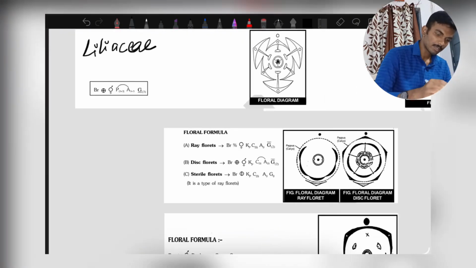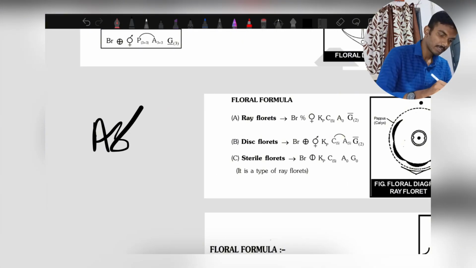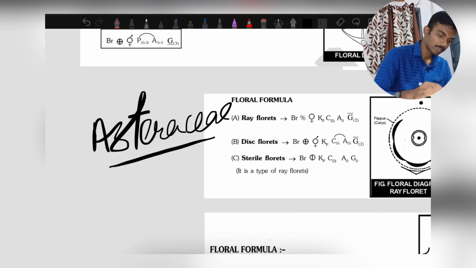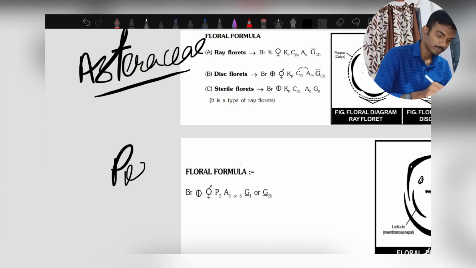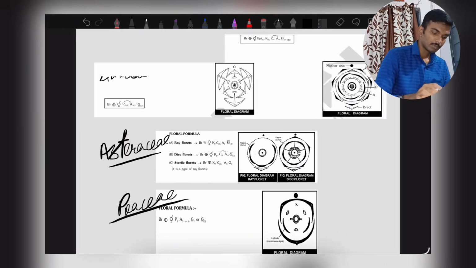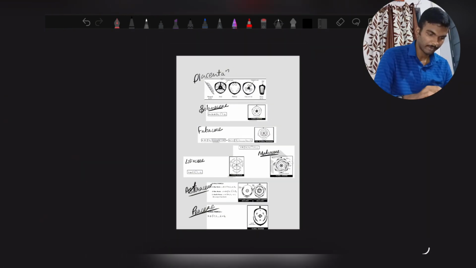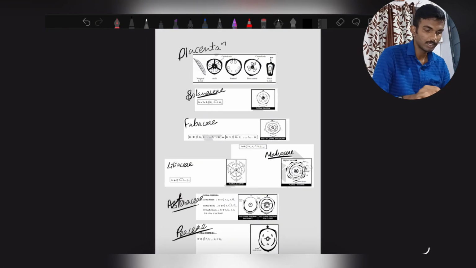This is Asteraceae. This is Poaceae, or Gramineae. So these are the different families along with the placentation.